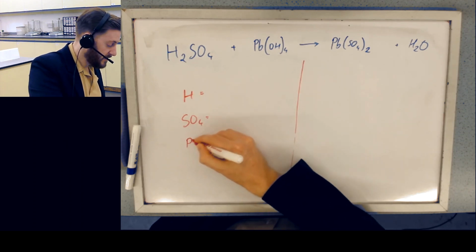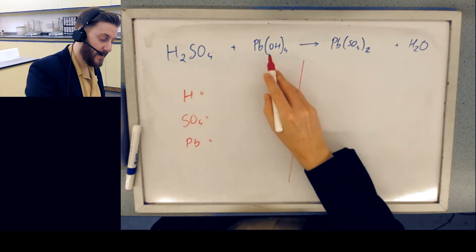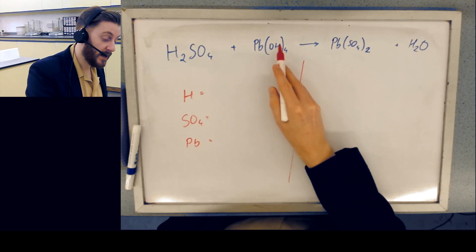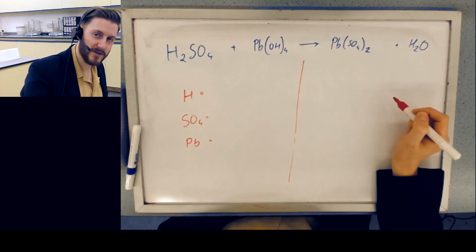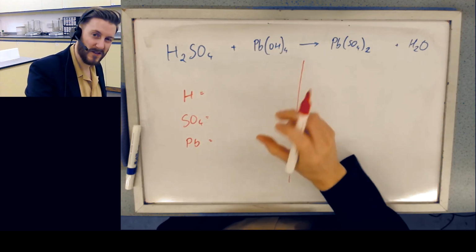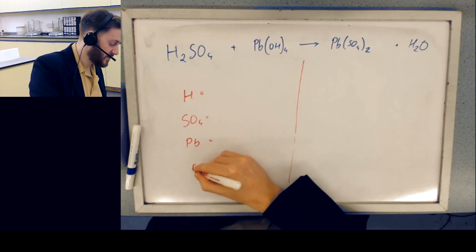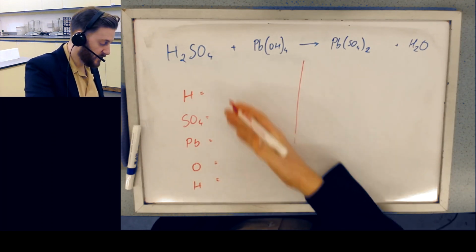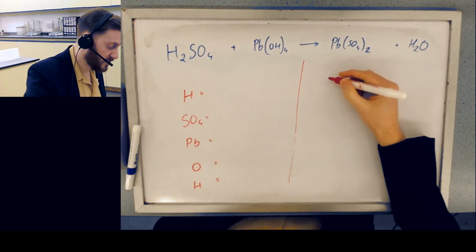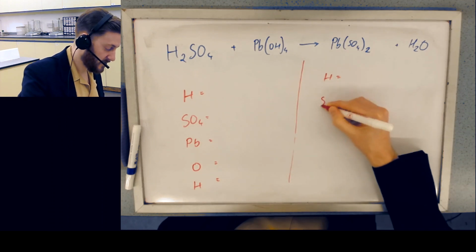I also have lead, and then I have another polyatomic ion, a hydroxyl, OH, but my OH does split up as part of this reaction, so I can't just count this as an OH in this case. I'm just going to use an O and an H. So those are all my elements going in, so they're going to be the same elements coming out.